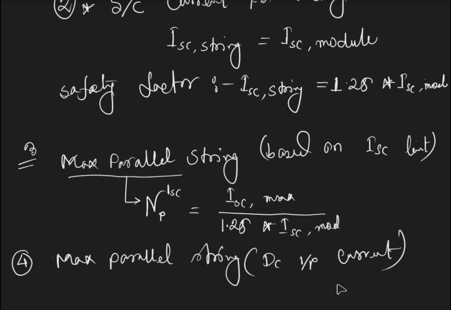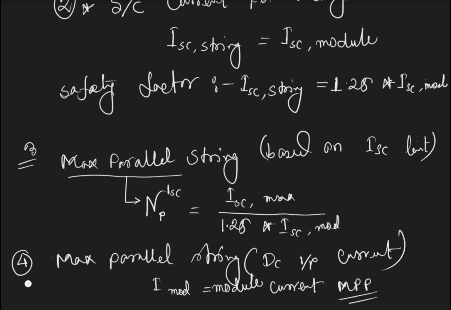So based on the DC input current, number four, which is very important, the important data here is that IMP of the module is equal to the module current at maximum power point.